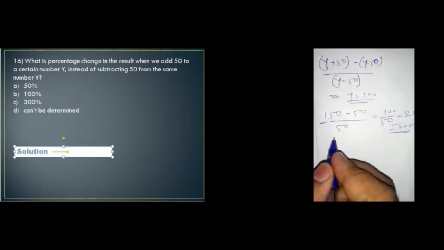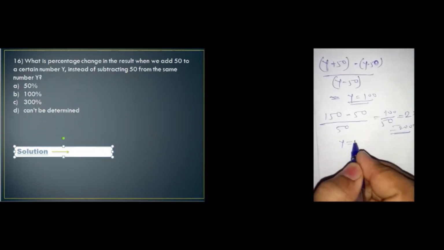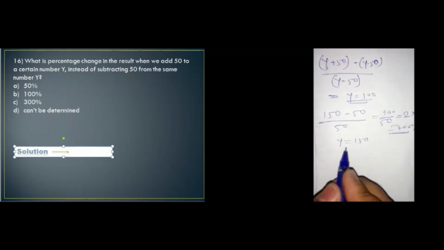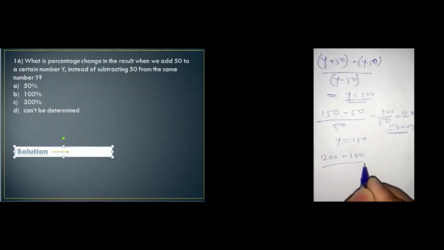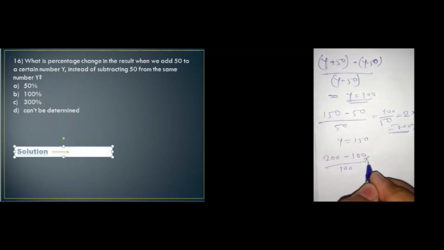So 200%. Now instead of 100, if you take y equal to 150, then 150 plus 50 will be 200, and 150 minus 50 will be 100. So the change is 100 divided by 100 multiplied by 100, so again it is going to be 100.